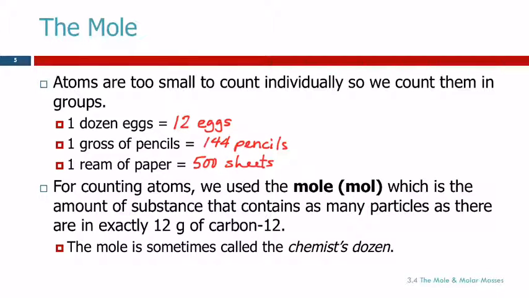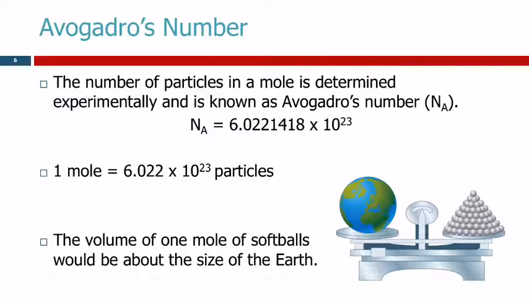What is that number? Here's the number. 6.0221418 times 10 to the 23rd. That's the number of atoms in exactly 12 grams of carbon-12. How did we figure that out? That was determined experimentally. This is not an exact number.